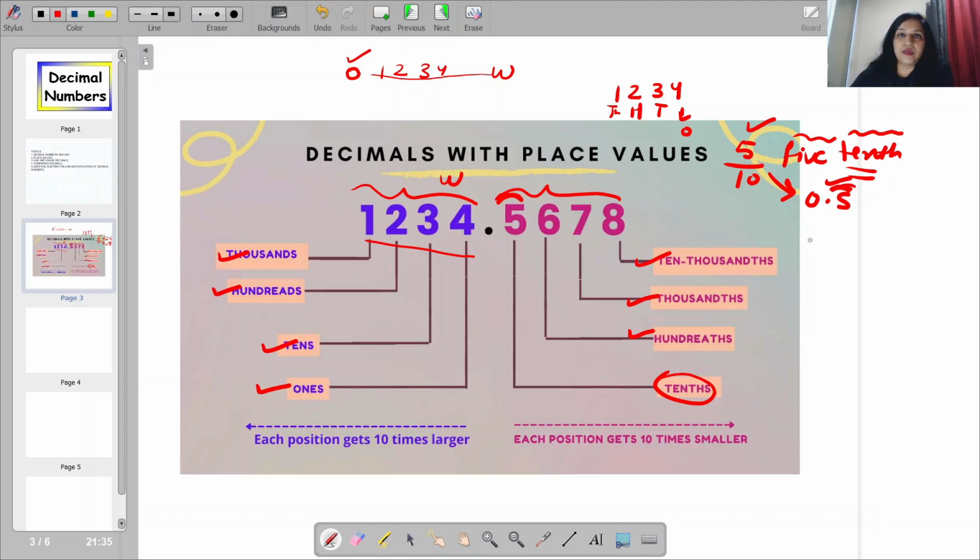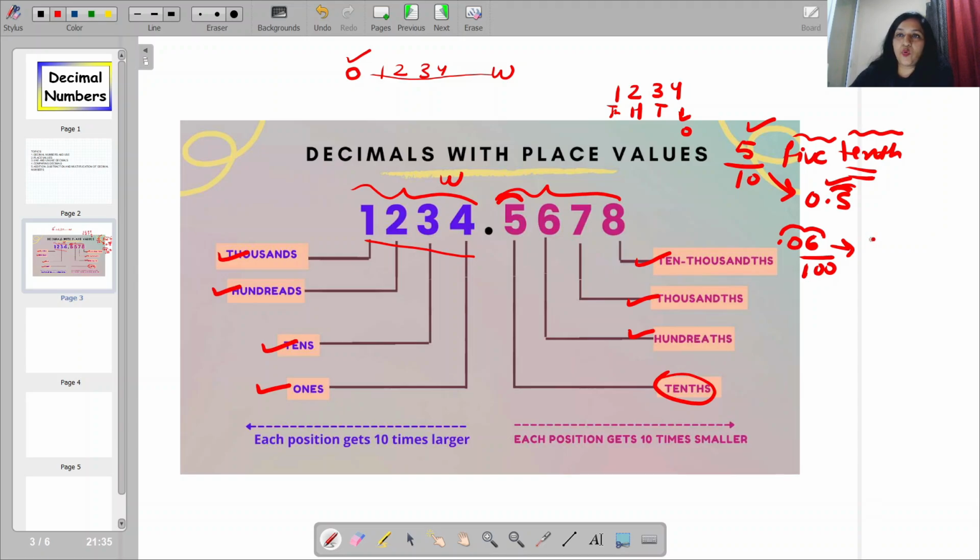In a similar manner, if I write six-hundredths, hundredth means out of 100. So if I have to make a decimal number for 6 by 100, 100 has two zeros, so we have to move two positions left. I have only one 6 right now, so we can put a 0 here to move two positions left. Now what is it converted to?